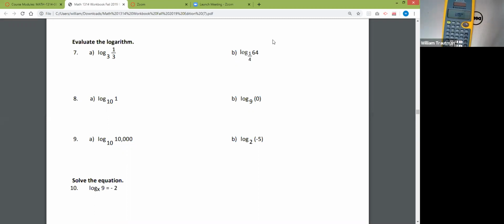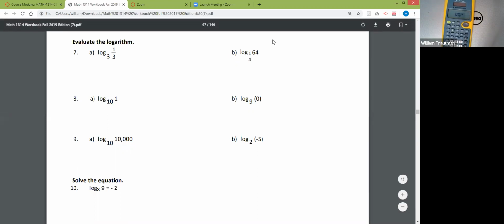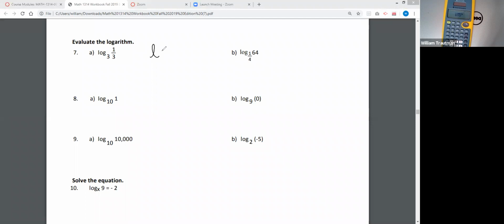So the change of base formula says log, see, they use different letters already, B and M. Log B of M equals the log of M divided by the log of B. So the log of the top number divided by the log of the bottom number.